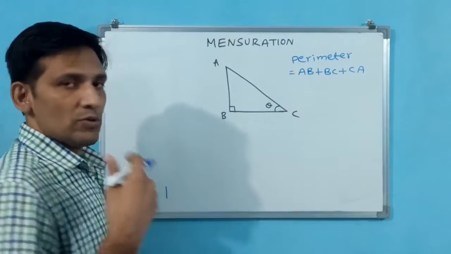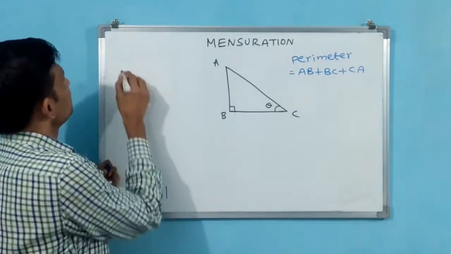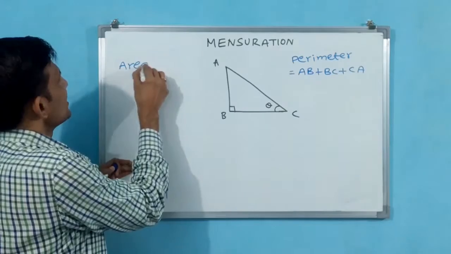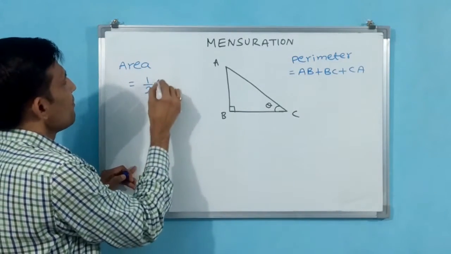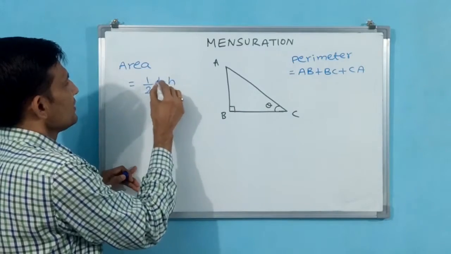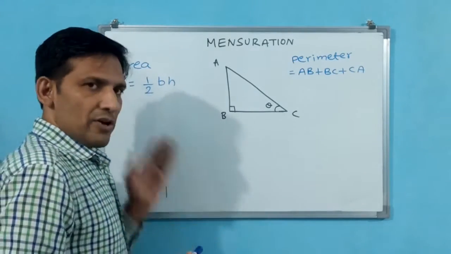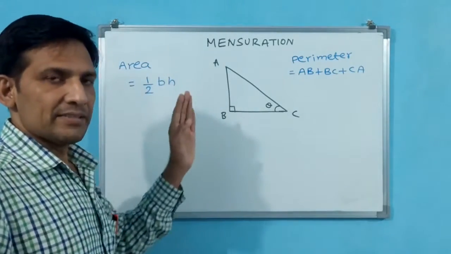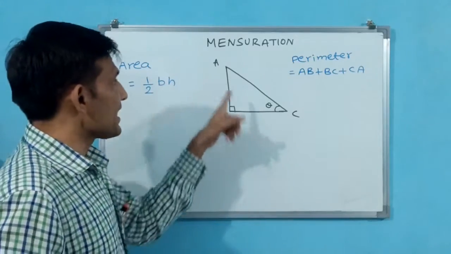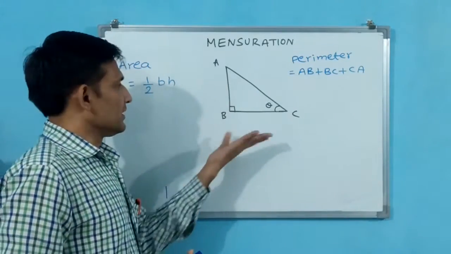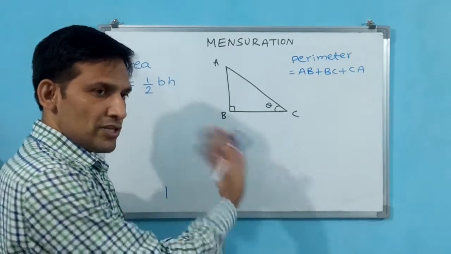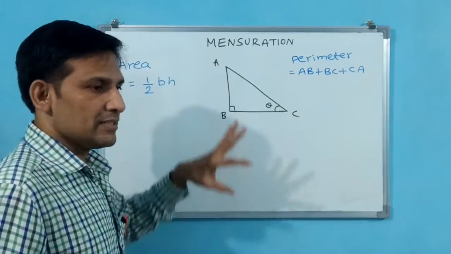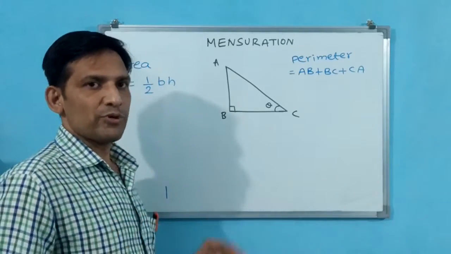Now we see area also. Area of a triangle is equal to half BH, or we can say base and height. For a right angle triangle, height is the opposite side and the adjacent side is the base. But if you change the triangle, the opposite side and adjacent side will not work.